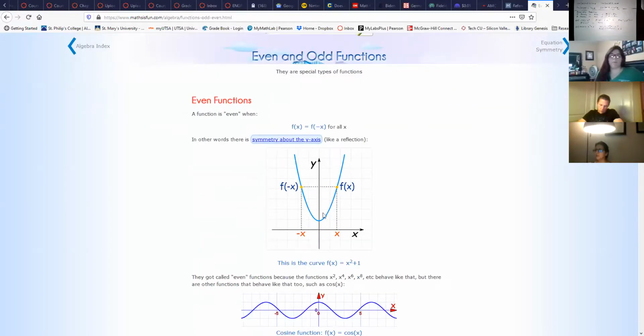So here's an even function. If I plug in an x and a -x, you see how the y values are the same, right? That means it's even, and there's symmetry through the middle. So it's another property of even functions. You can fold it in half lengthwise, and it would be symmetrical, right?